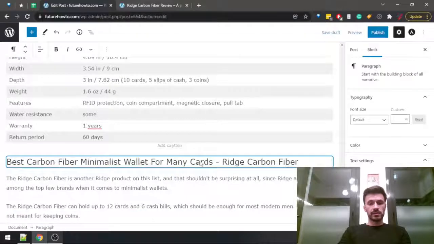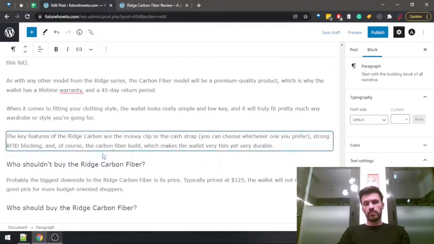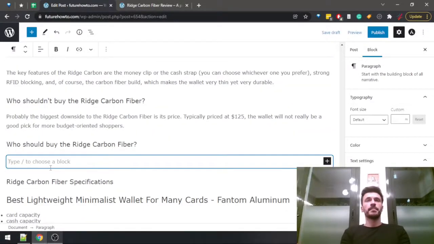So we already said this is the carbon fiber pick. So let's say something like this. Carbon fiber has one unique advantage over metal minimalist wallets.